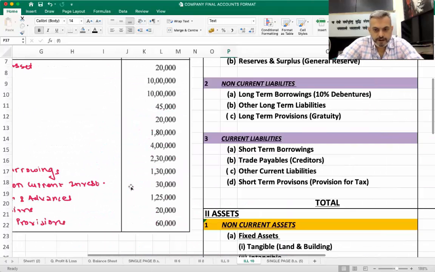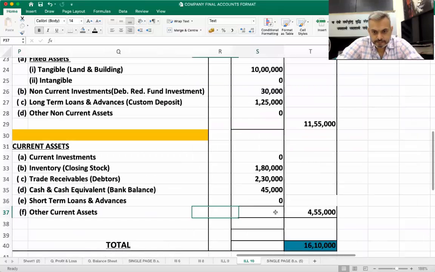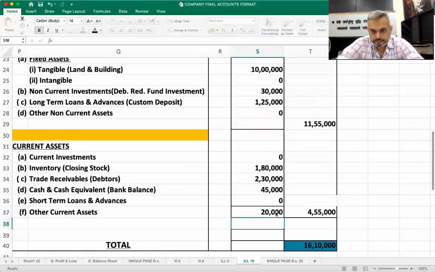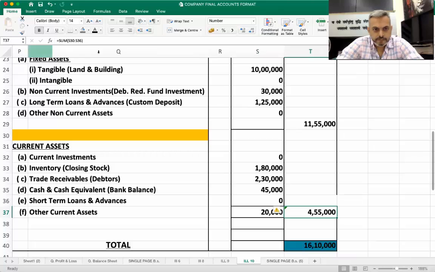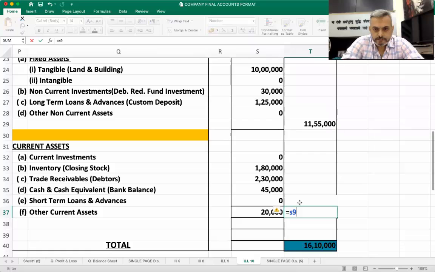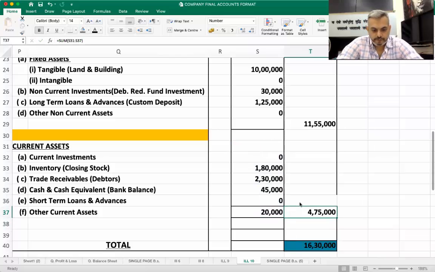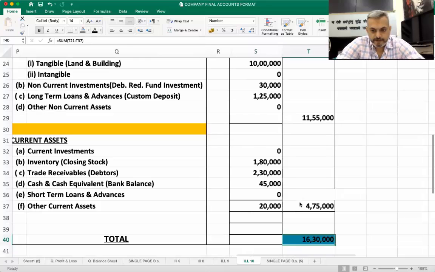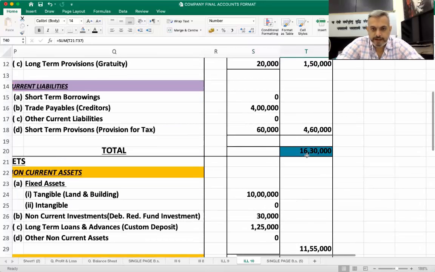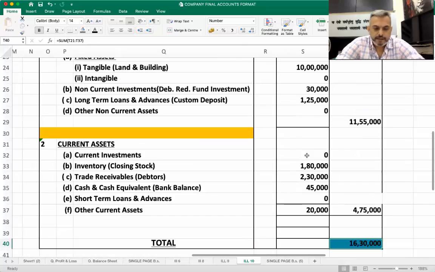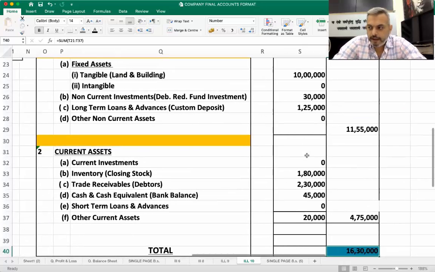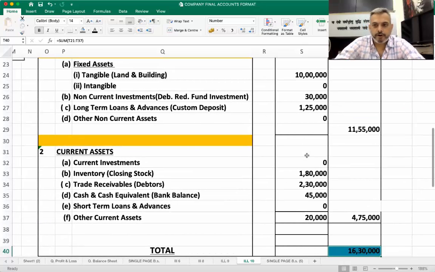Accrued commission, 20,000. 4,75,000. So let's check, 16,30,000, 16,30,000. It should tally. This is a full-fledged sum and very likely to come in your exam.